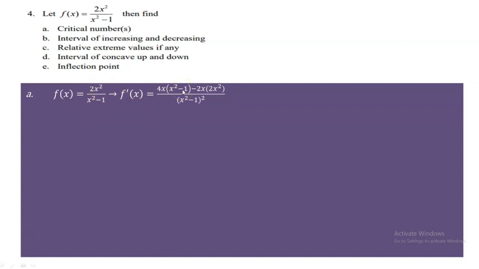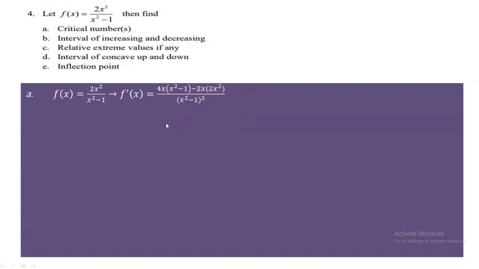Then using the quotient rule, you have a minus, and then you take 2x squared as it is, and differentiate x squared minus 1. The derivative of x squared minus 1 is 2x. Then you need to square the denominator, x squared minus 1 the whole squared. This is basically done using the quotient rule.